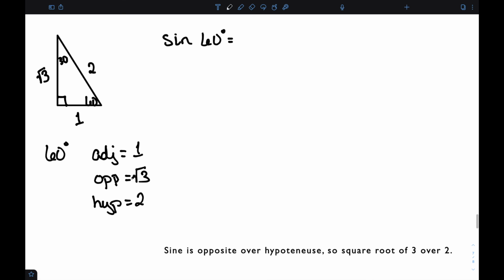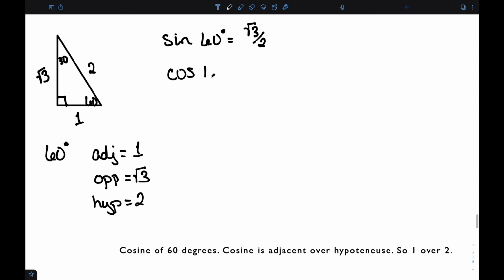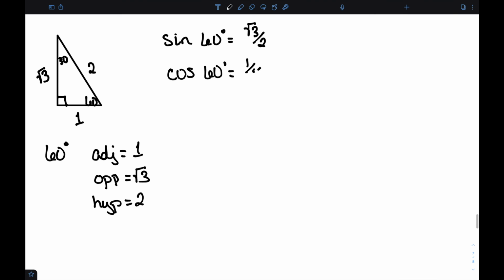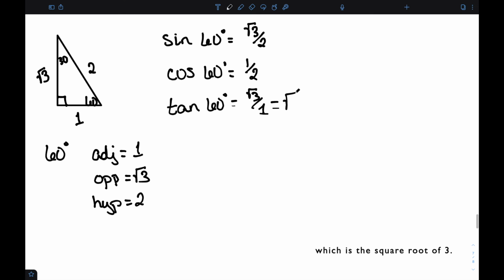Sine is opposite over hypotenuse, so square root of 3 over 2. Cosine of 60 degrees. Cosine is adjacent over hypotenuse, so 1 over 2. Tangent of 60 degrees. Tangent is opposite over adjacent, so square root of 3 over 1, which is the square root of 3.